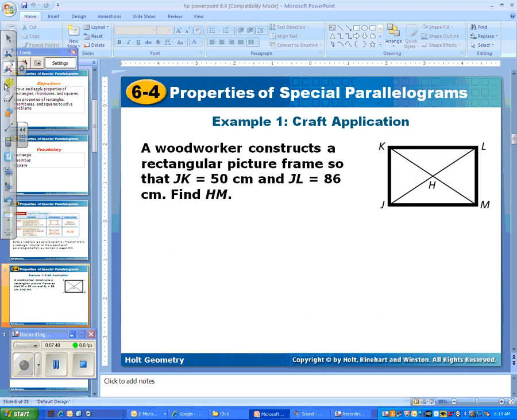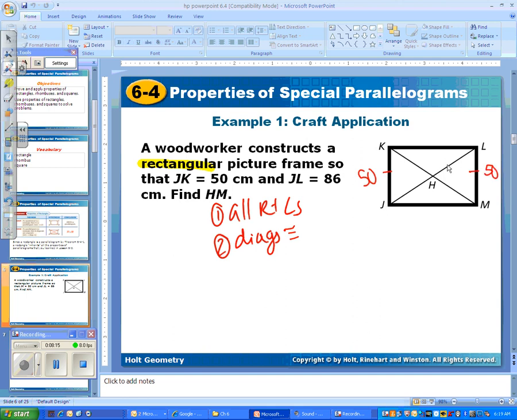So this one, the important word that they say is a rectangle. So you know for a rectangle that we have all right angles, and we know that the diagonals are congruent. Those are the properties on top of everything that we know about parallelograms. So if they say JK is 50, we know opposite sides are congruent, so this one will be 50.